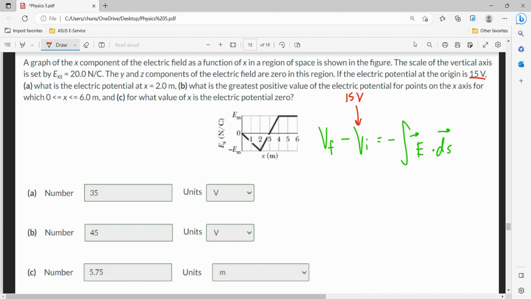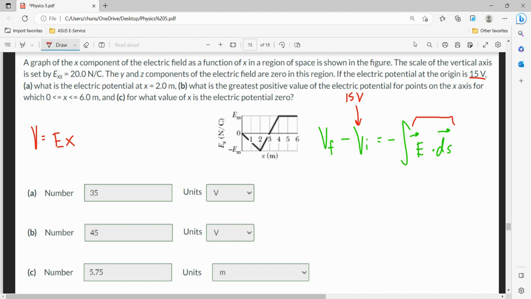Since these are being multiplied together, if I were to write it out in a more plain way, you could see that electric field times our x, which is our path in this case, is equal to our electric potential.